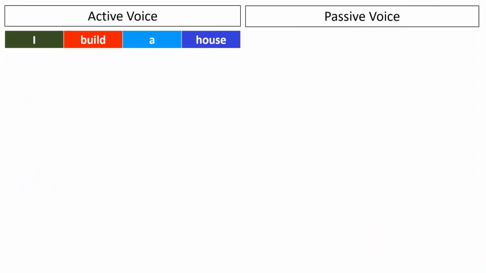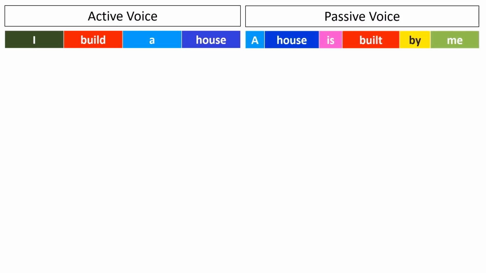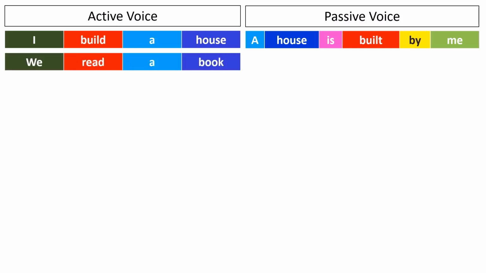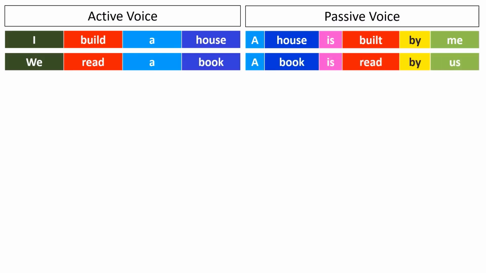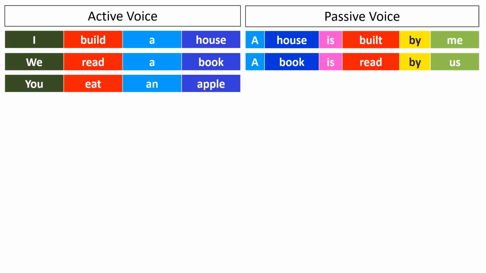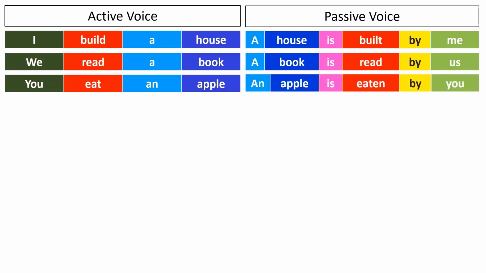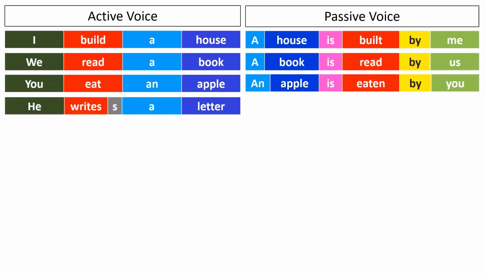I build a house. A house is built by me. We read a book. A book is read by us. You eat an apple. An apple is eaten by you. He writes a letter.